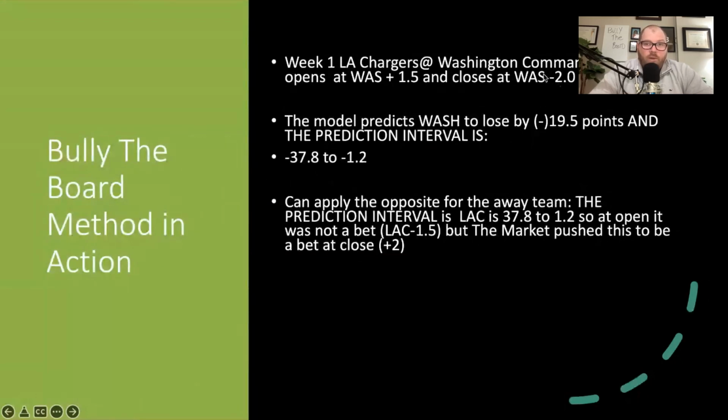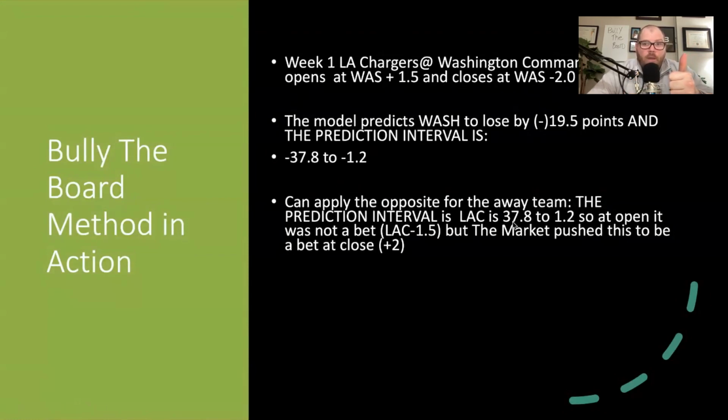The inverse of the spread is LA Chargers +2. So the model has them winning with a 60% certainty by 1 to 38. So that's a bet for us, right? So we would take, in this case, LA Chargers +2.